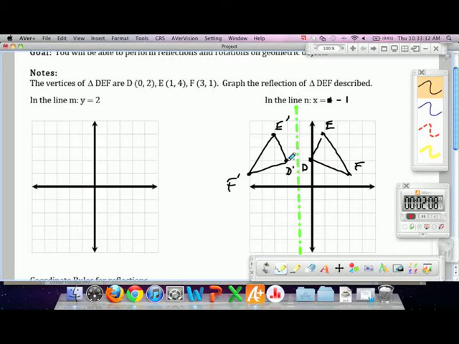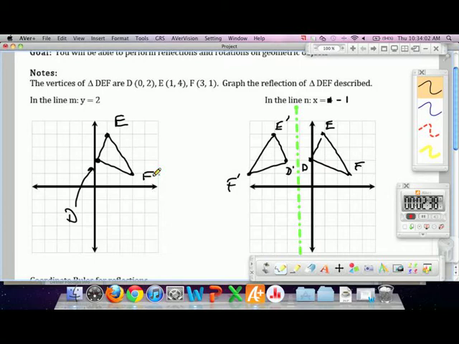You'll see one of the reasons why I chose to do the second example first is because in our first one, we're actually going to get the triangles to overlap a little bit. So if I graph the same pre-image, and now I'm going to reflect it about the line y equals 2.